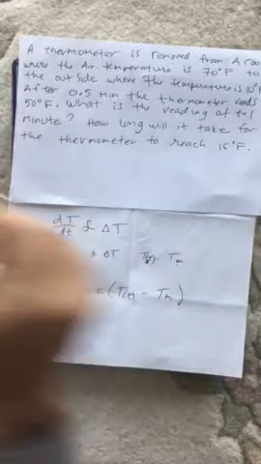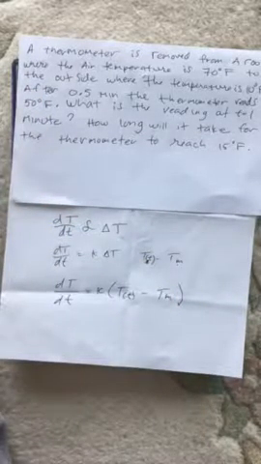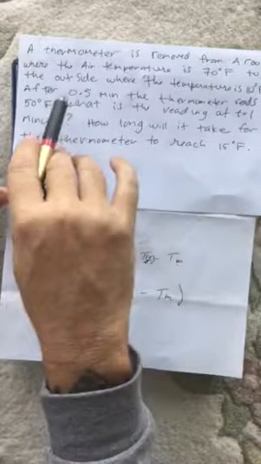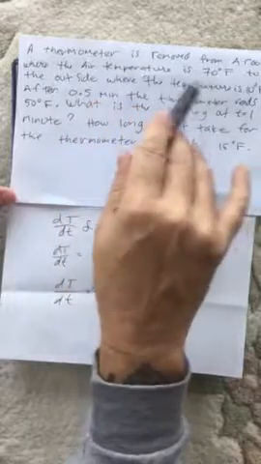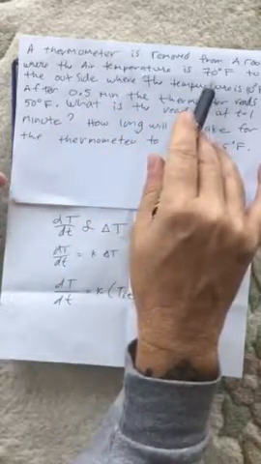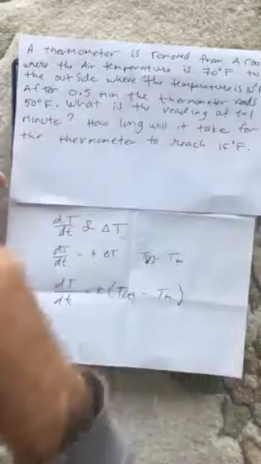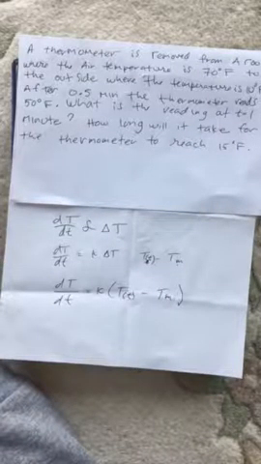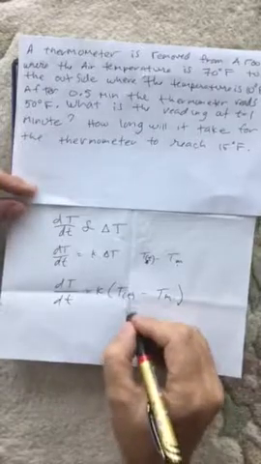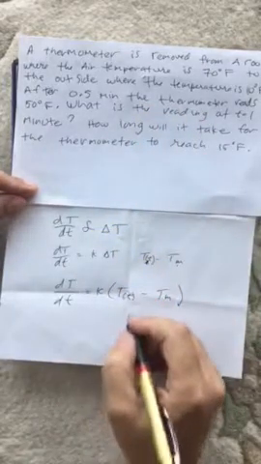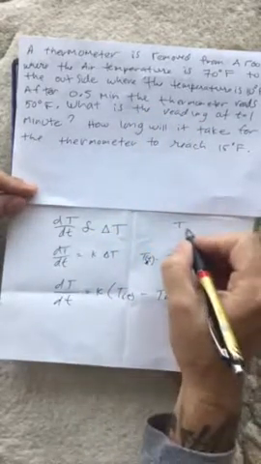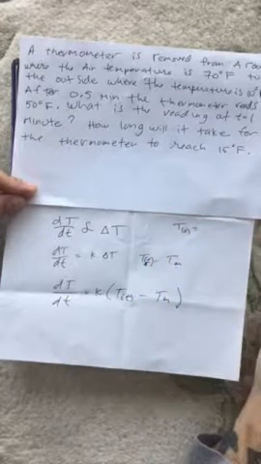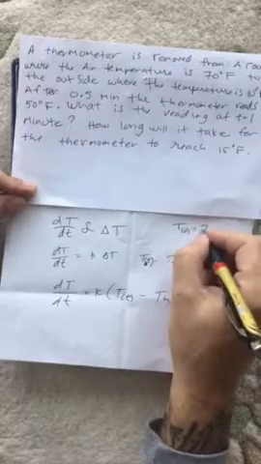This is your delta T. So the temperature of the object here is, you're taking this object, which is 70 degrees Fahrenheit, and you're moving it outside where it's 10 degrees Fahrenheit. So the temperature at time 0, T(0), equals what? 70 degrees.